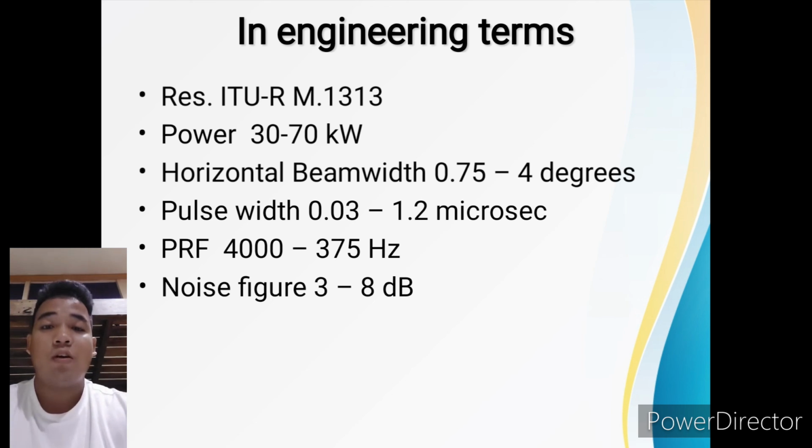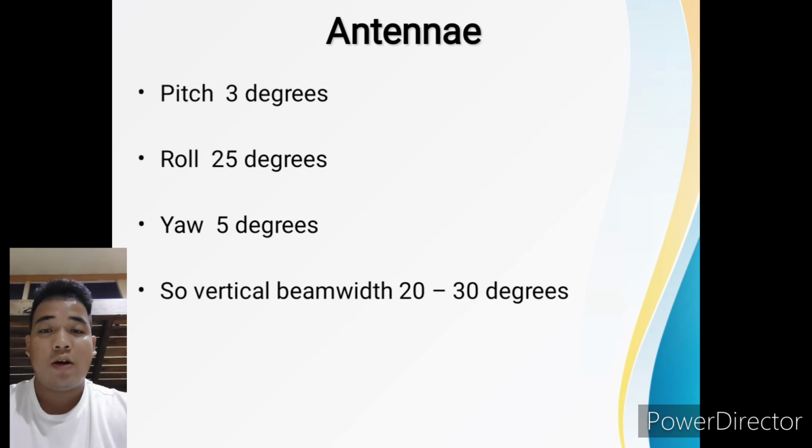PRF 4000 to 375. Noise figure 3, equivalent to 8 dB. Our antenna here is pitch 3 degrees, roll 25 degrees, yaw 5 degrees. Vertical beam width 20 to 30 degrees.